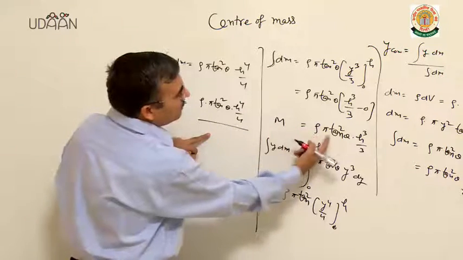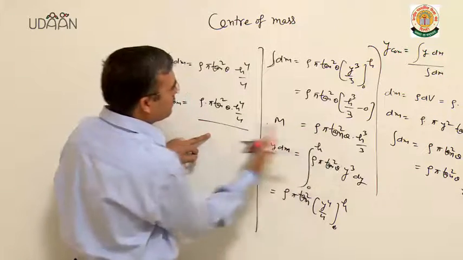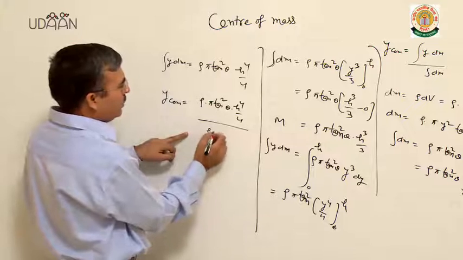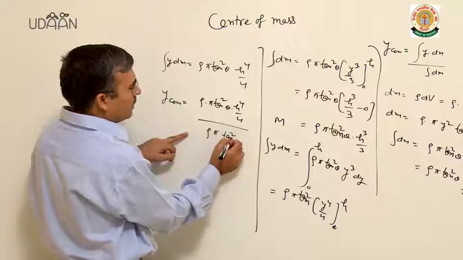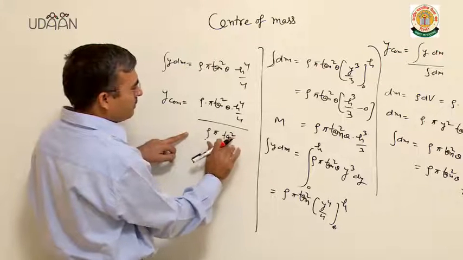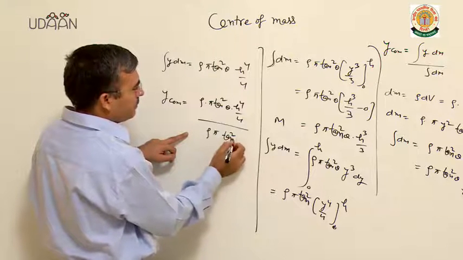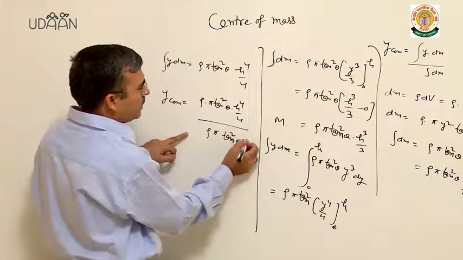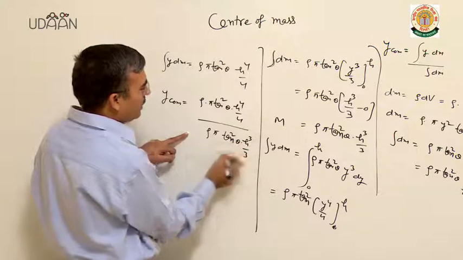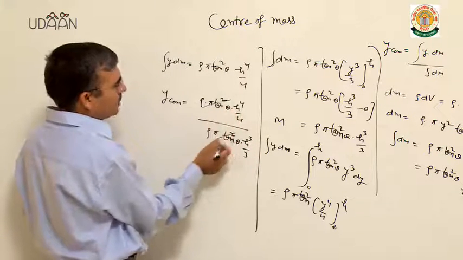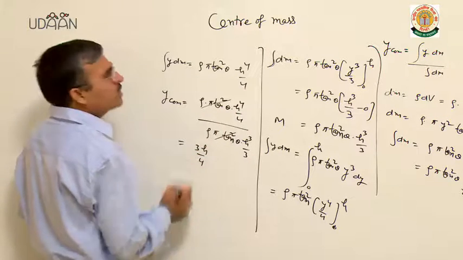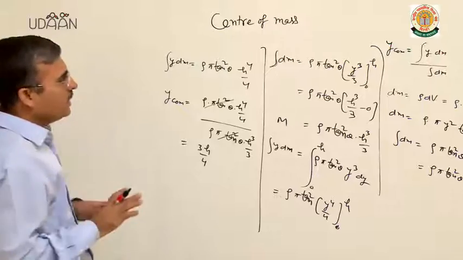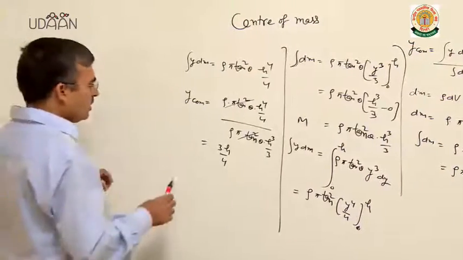We have calculated here: it is the total mass, rho into pi tan square theta h cube by 3. It is cancelled. So this will be 3h by 4. Clear?